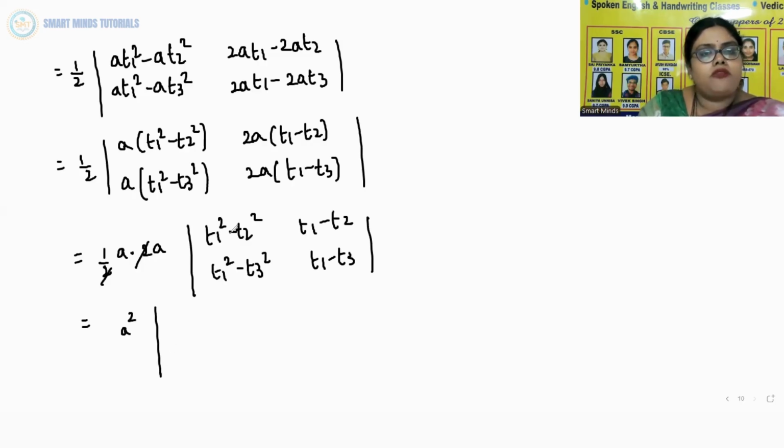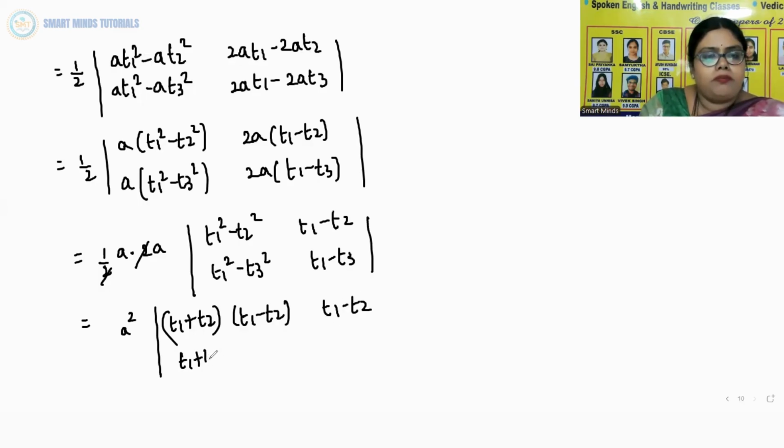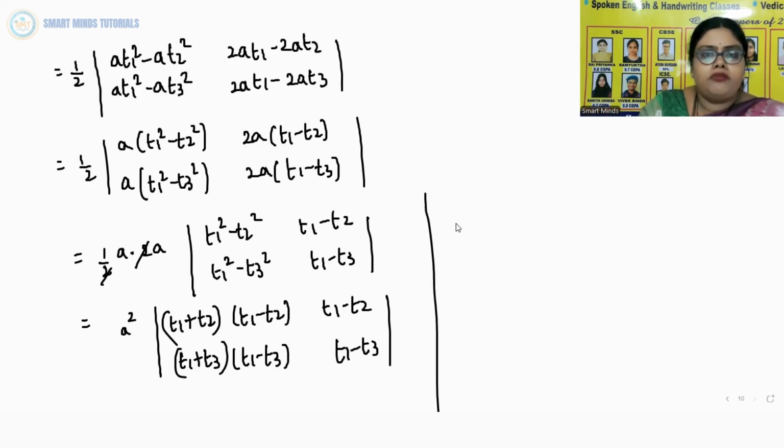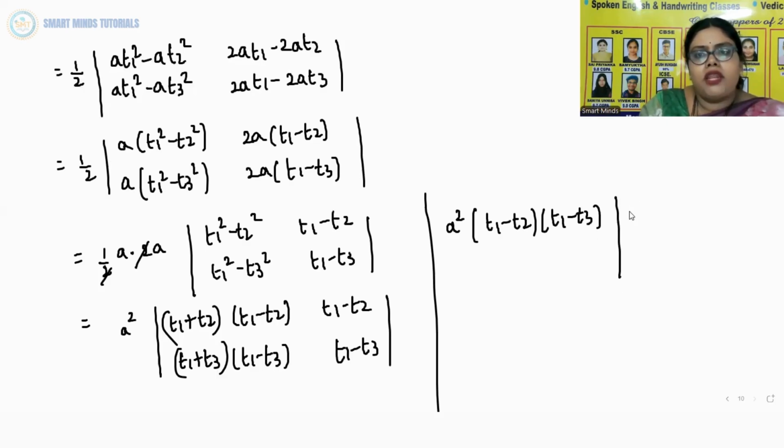Determinant. Now it is in the form a square minus b square. We can write it as a plus b into a minus b. Then t1 minus t2, t1 plus t3 into t1 minus t3, then t1 minus t3. Now if we take t1 minus t2 common from the first row and t1 minus t3 common from the second row, we will get t1 minus t2 into t1 minus t3, and then we are left over with t1 plus t2, 1, t1 plus t3, 1.